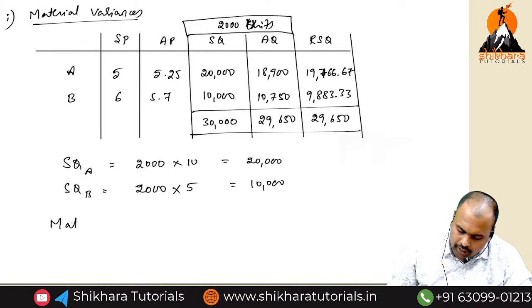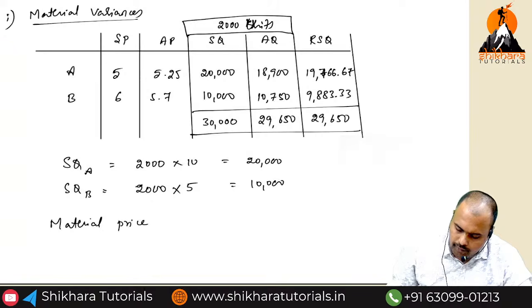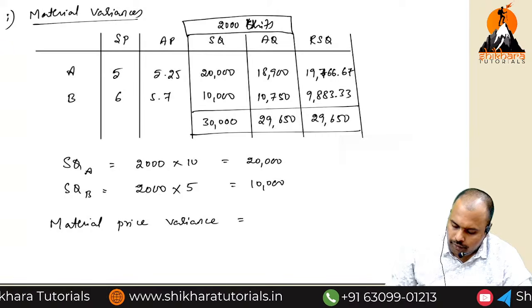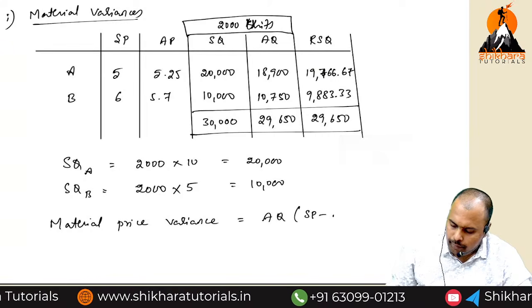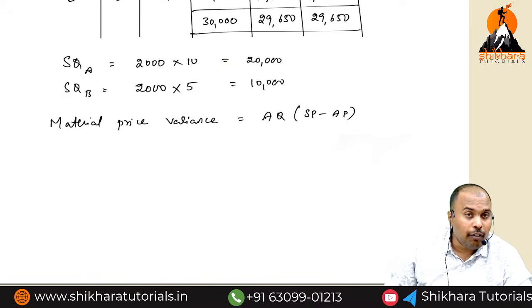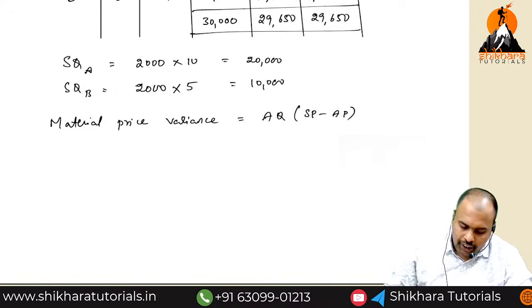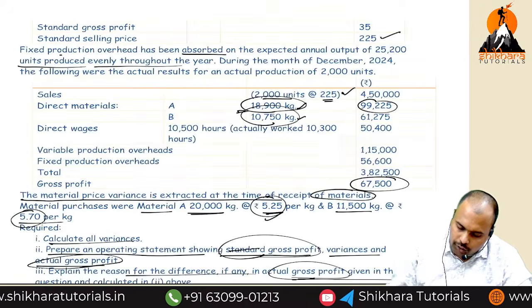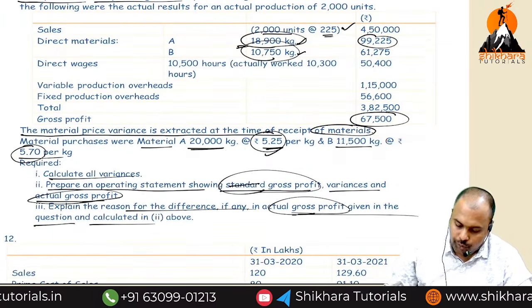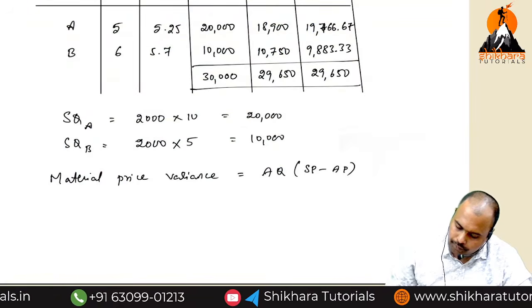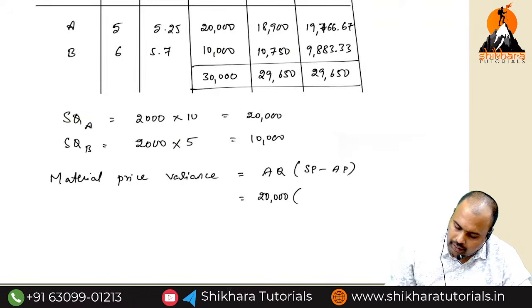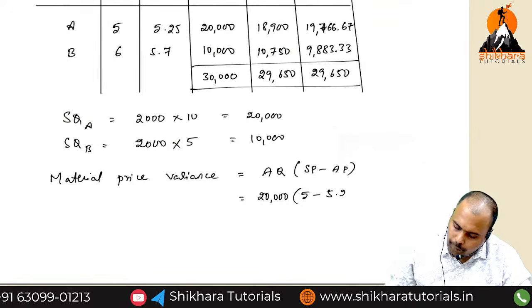First, material price variance. Material price variance is equal to actual quantity into standard price minus actual price. Now what is actual quantity? At the time of purchase they are given, should I use these quantities? Purchased quantity I'm supposed to use, right? So for A, 20,000 into standard price 5 minus actual price 5.25.